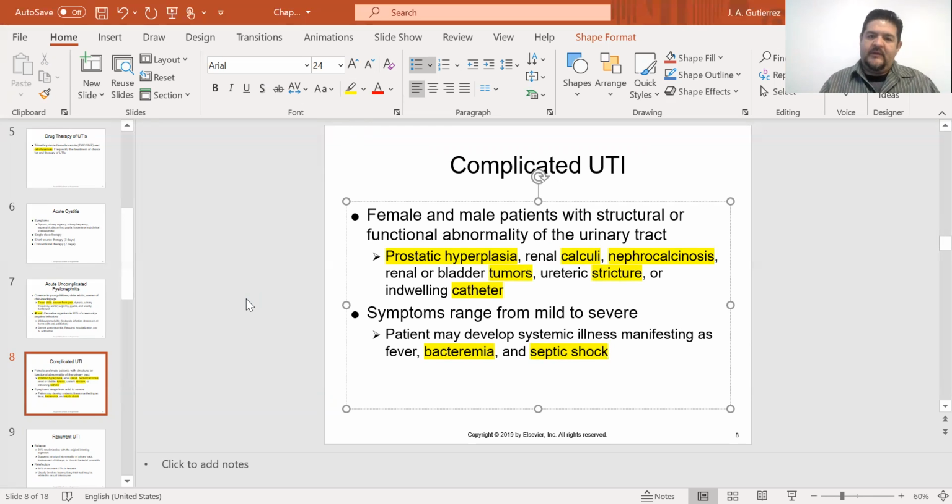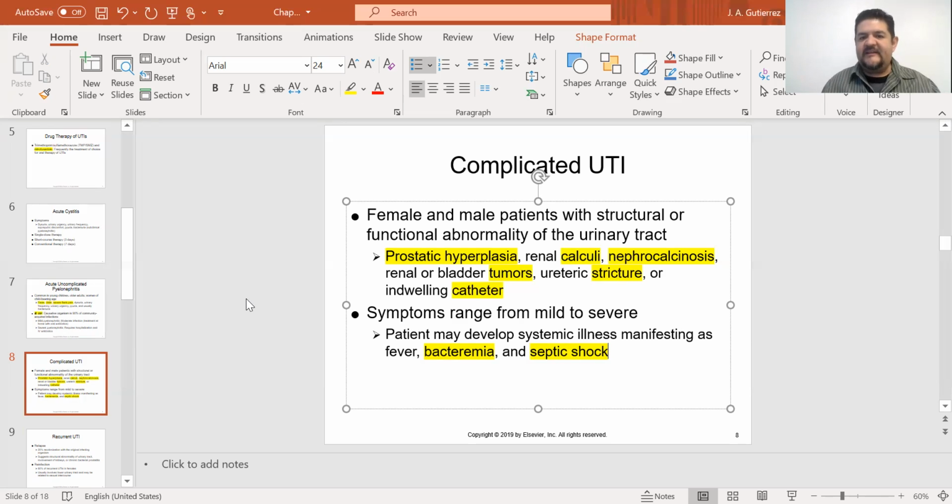So how can bacteria, unlike acute cystitis, pyelonephritis, the complicated UTIs, here they are able to get into the bloodstream? The thing is, because there's something blocking the flow of urine, urine cannot flush out bacteria properly.